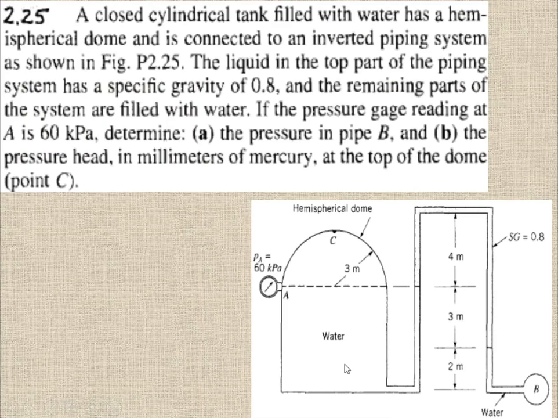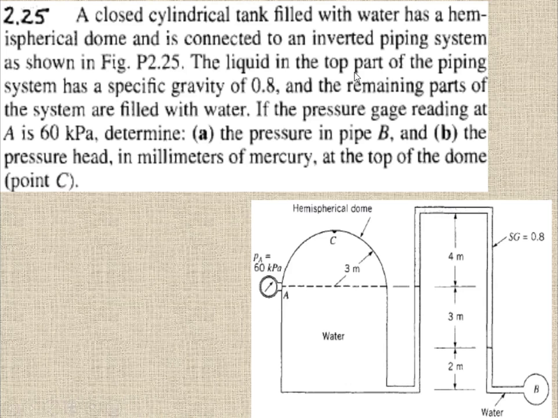Now this is the problem for the manometric device. So what is the problem? A closed cylindrical tank filled with water has a hemispherical dome, and it is connected with an inverted piping system as shown in the figure.